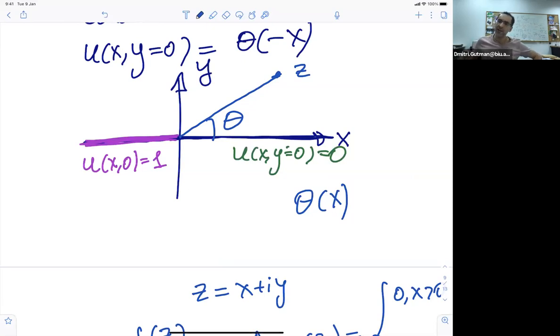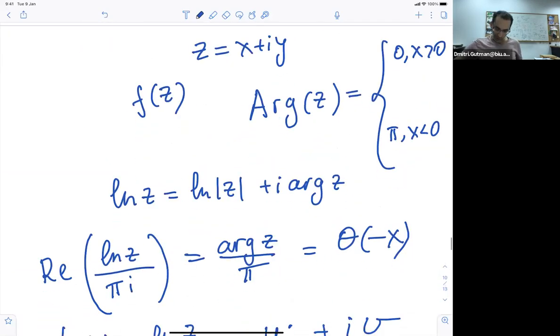And we formulated the boundary condition in terms of this angle theta on the complex plane z. We said that here on the positive semi-axis, the angle theta was 0. On the negative semi-axis, the angle theta was pi. And that's what allowed us to pose the boundary conditions on the real axis.